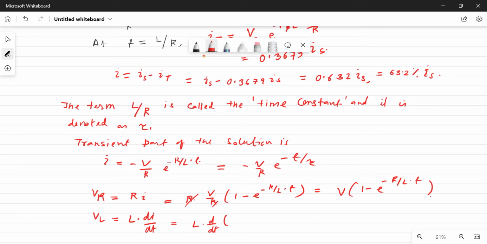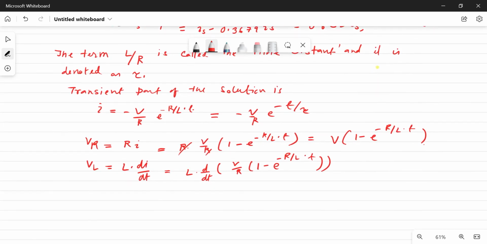Putting the value of I, this is L d by dt of V by R into 1 minus e to the power minus R by L into T. Differentiating, we get L, then V by R, then R by L into e to the power minus R by L into T. So R and L cancel, and VL is equal to V into e to the power minus R by L into T. This is the expression for VL.